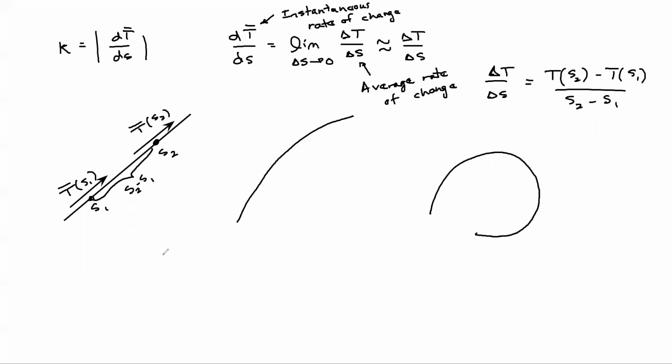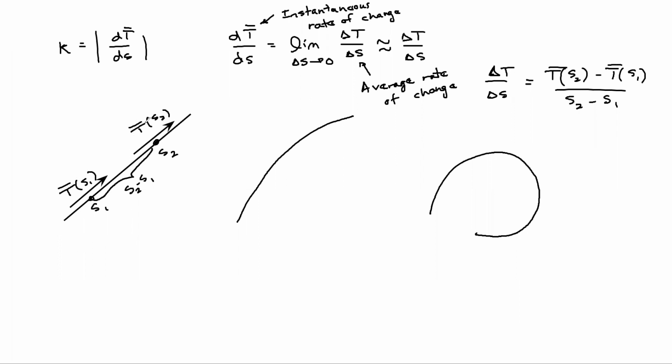If we're measuring how curvy this line is, what we've been saying is that the measure of curviness is how much change there is in the direction that we're facing, how much change there is in these unit tangents. So how much change is there?